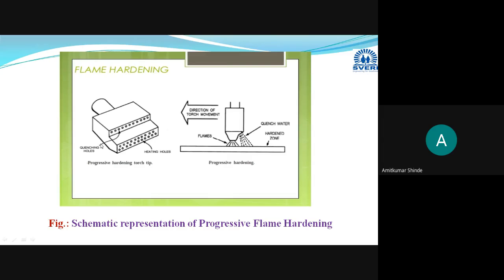It will consist of two sources. One source will provide the heating, and from another, some holes will provide you the water. And in this progressive, these two diagrams are the same.